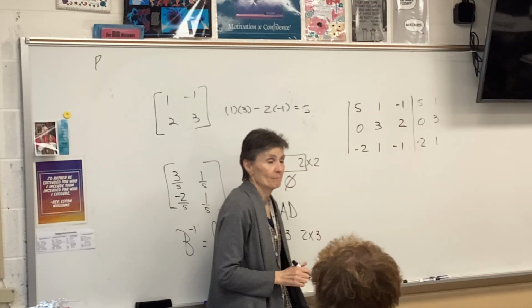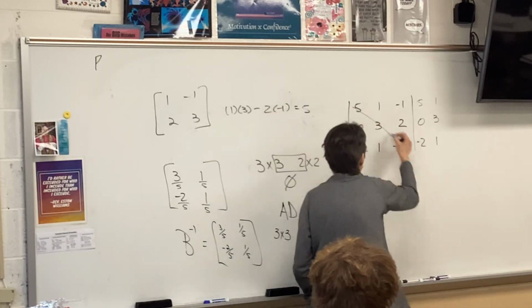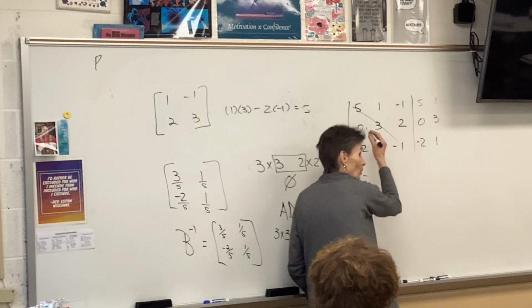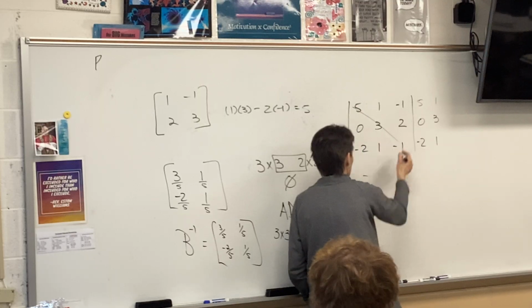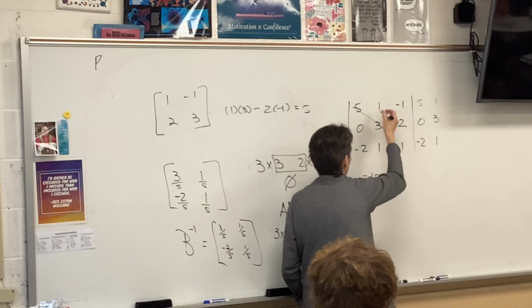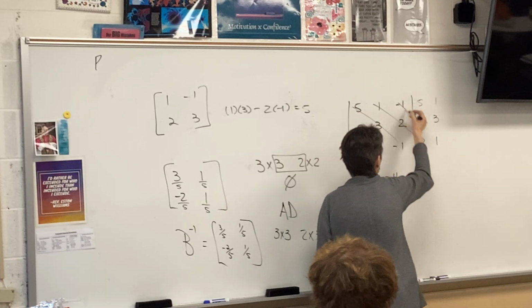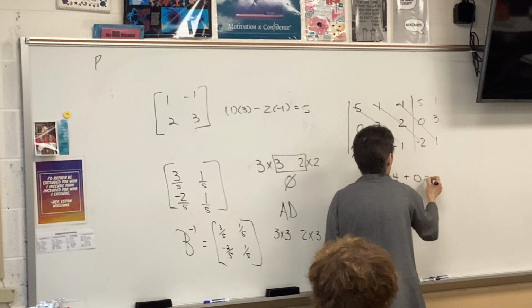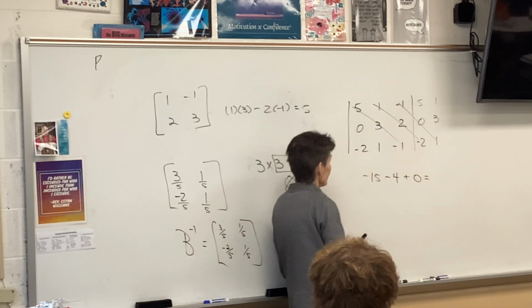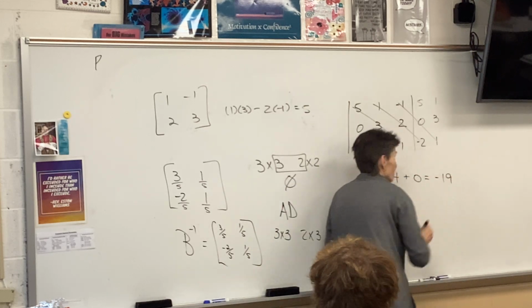Now, start multiplying. So negative 15, negative 4, and 0. And total them all up. It looks like that one is negative 19.